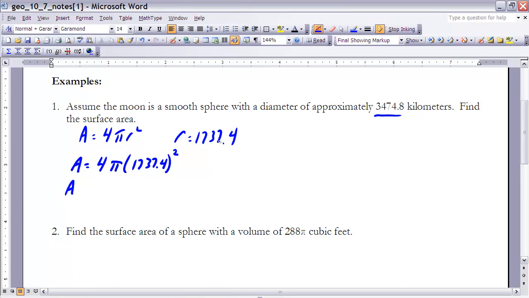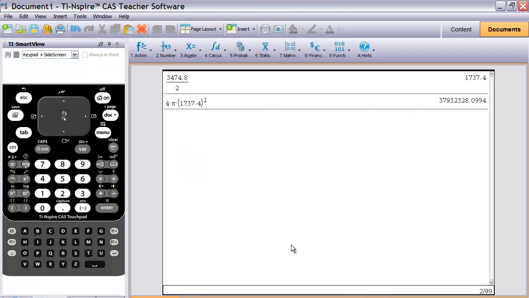Now is when you can go to your calculator and approximate that. So if I do that on my calculator, I'm going to get this value. Some of you, if you put it into your calculator, might get an E in your value. If you do, you might want to look at changing your settings so that the decimal point is on float, so when we get big numbers like that, it won't automatically put it in scientific notation.